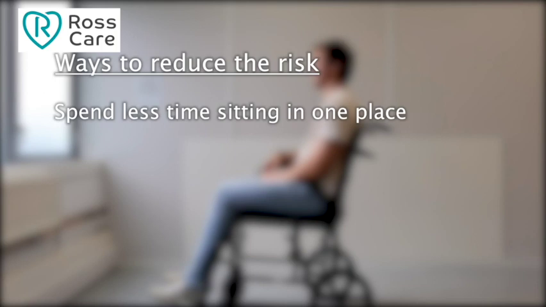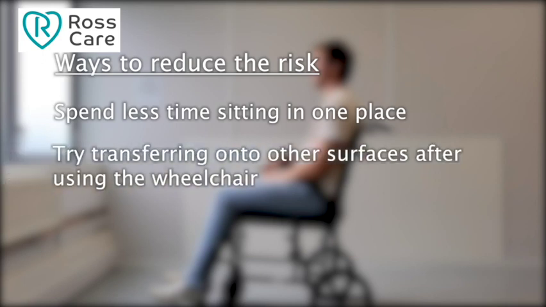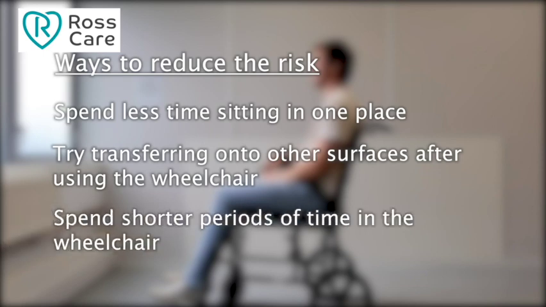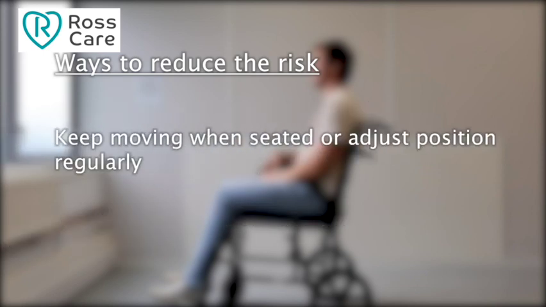Wheelchairs are designed as a mobility aid to assist moving from one place to another, and not just designed as a comfortable seat. Try transferring onto another surface after using your wheelchair, or spend shorter periods of time sitting in the wheelchair. When seated, it is also important to try and keep moving or adjusting your position regularly.